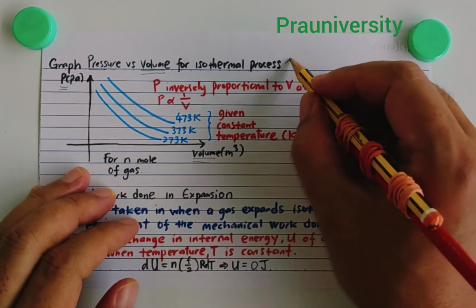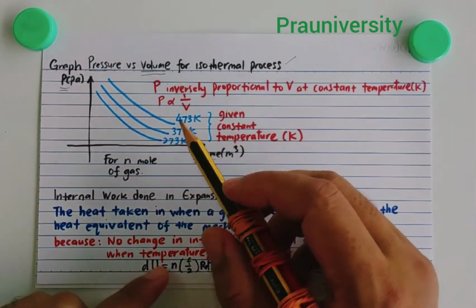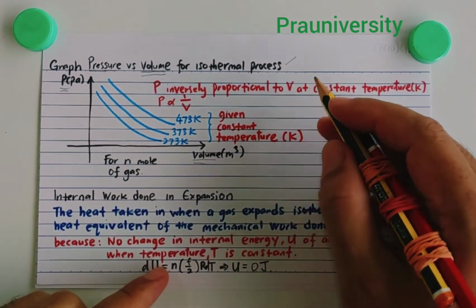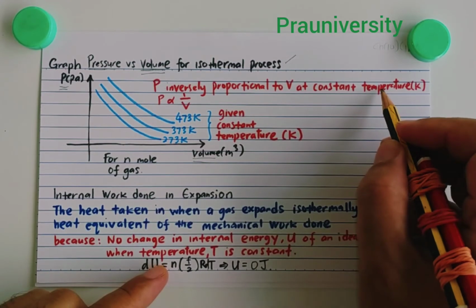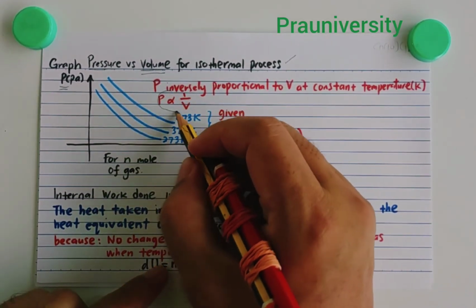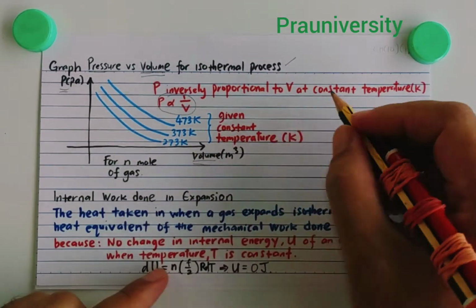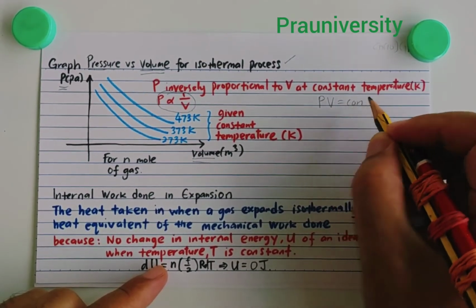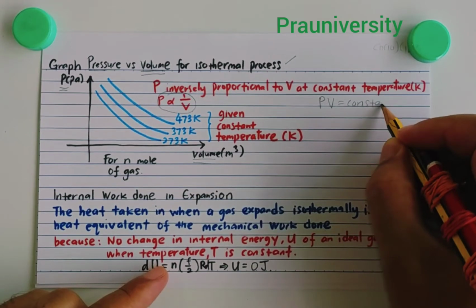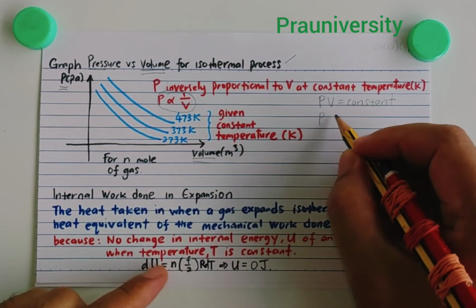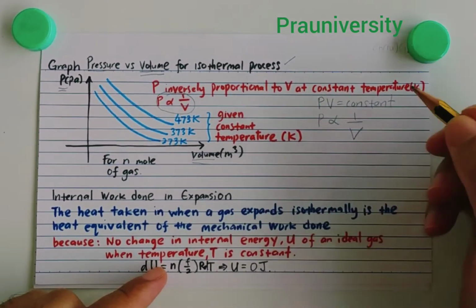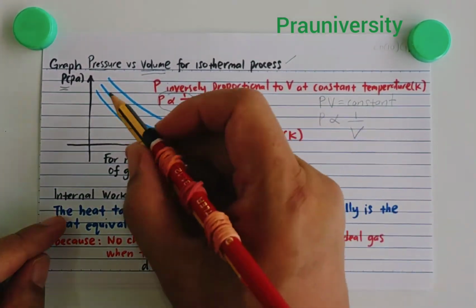For the isothermal process, P is inversely proportional to V at constant temperature, because from PV equal to a constant, we can write P is inversely proportional to the volume. So the graph is this one.